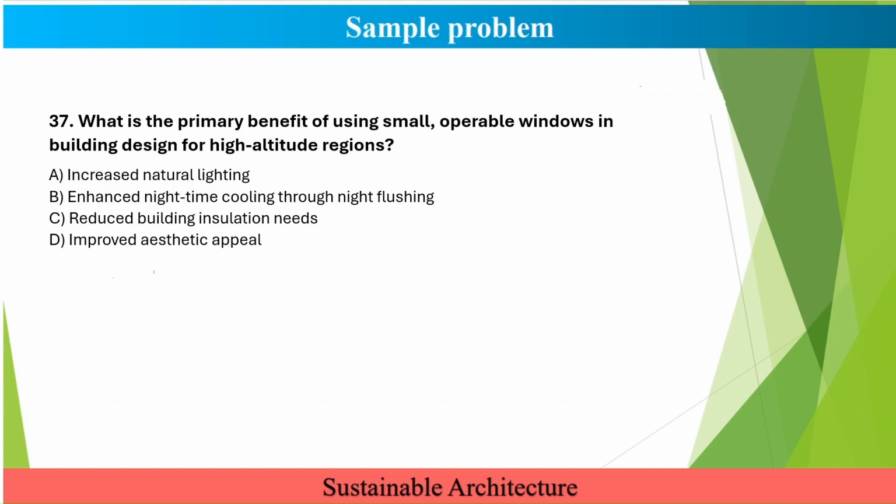C. So try to read through the question again. It is asked that if you are using small and operable windows for high altitude regions, then what will be the benefit of that? Enhanced nighttime cooling through night flushing.